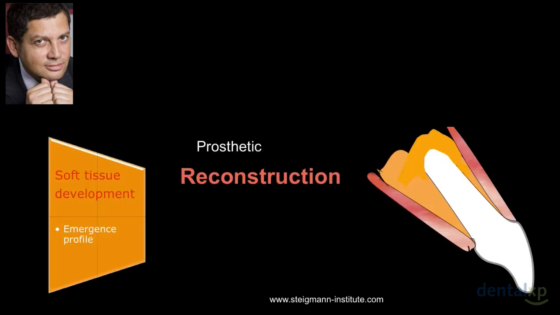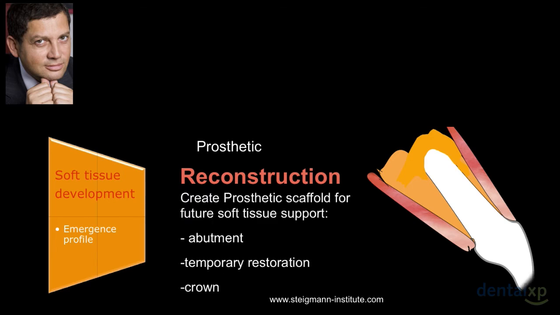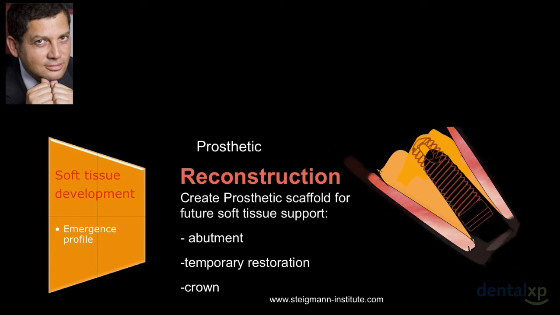So now when we talk about prosthetic reconstruction of the emergence profile and thickening the soft tissue, we distinguish cases where we have a late restoration of implants versus an immediate implant with immediate soft tissue support. So we have to create the prosthetic scaffold for the future soft tissue support with a temporary abutment or the final abutment with the temporary restoration and the temporary crown.